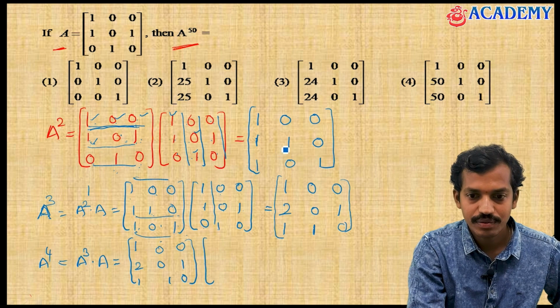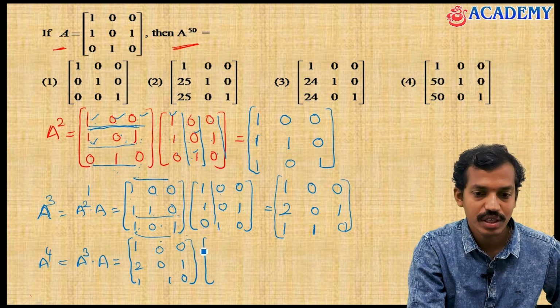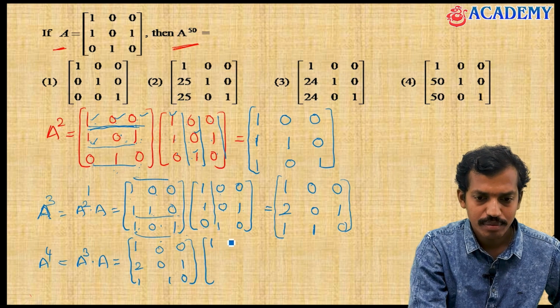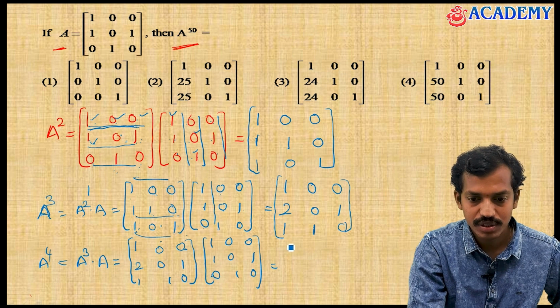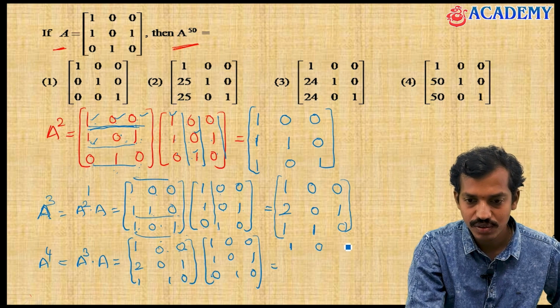I can write this directly from A square also, A square into A square, but same procedure I am following here. You will understand easily, that's why I am using this, that is A cube into A, same 1 into 1, 1, next 0 into 1, 0 0 into 0 is nothing but 0, that is first 1 plus 0 plus 0 is nothing but, here you are going to get 1. Next 1 into 0, 0 0 into 1, 0 0 into 0, same 1 0 0, if you multiply you are going to get here 1 0 0.